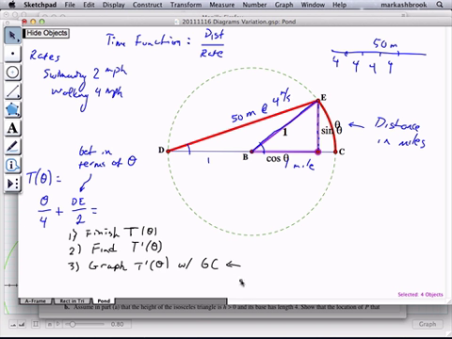And so what would that look like in the graph, right? But we're graphing T prime. We're graphing T prime. When T prime changes from a positive slope to a negative slope.